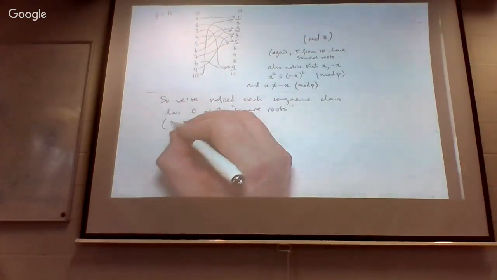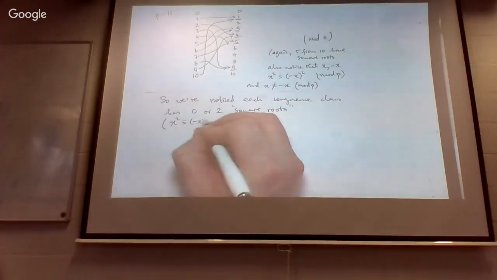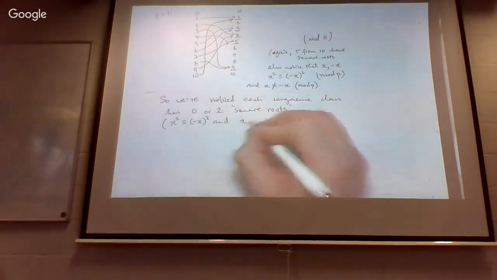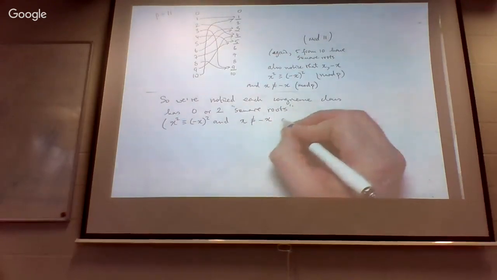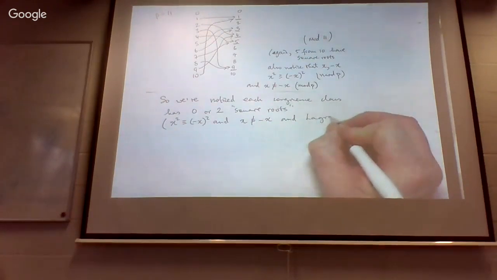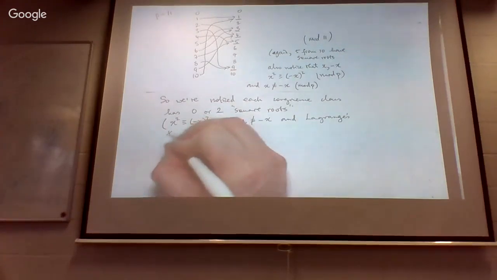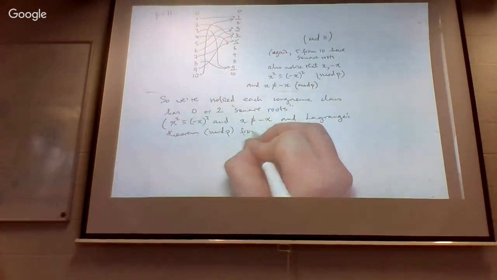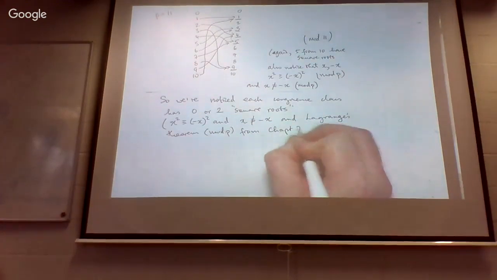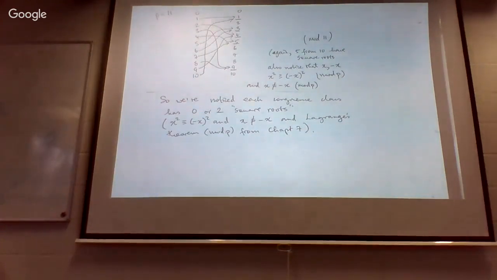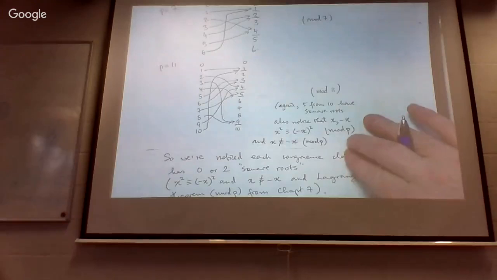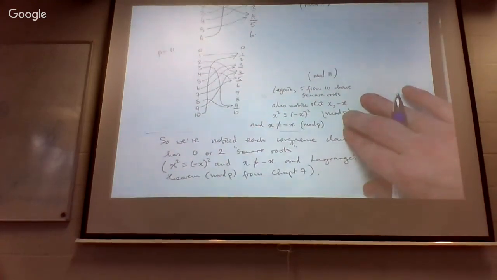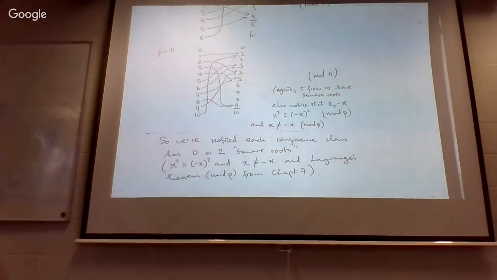So the facts we've used there is that x squared is always congruent to minus x squared, and x is always different to its negative, and Lagrange's theorem modulo p. So that's a bit of a discovery. And maybe there's the beginnings there.